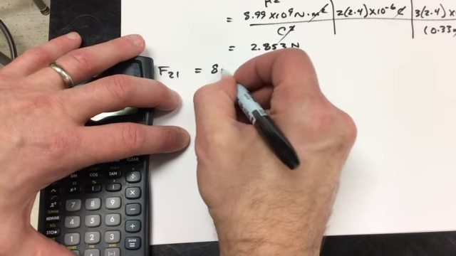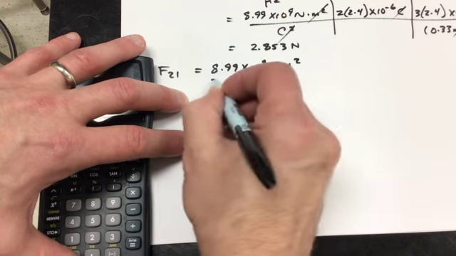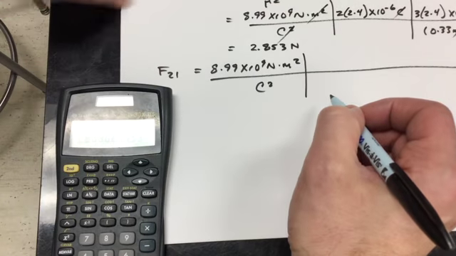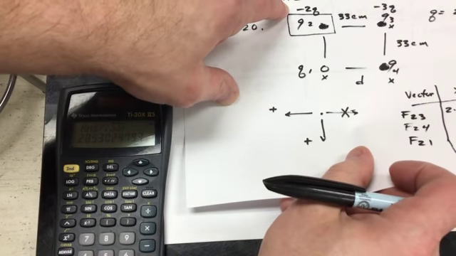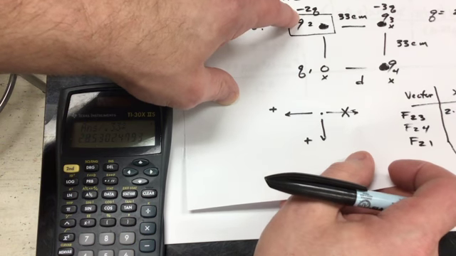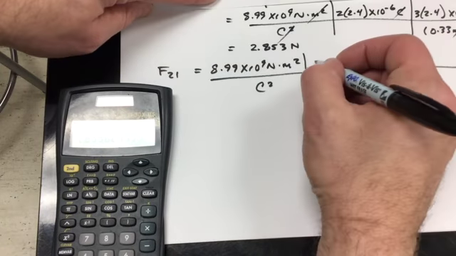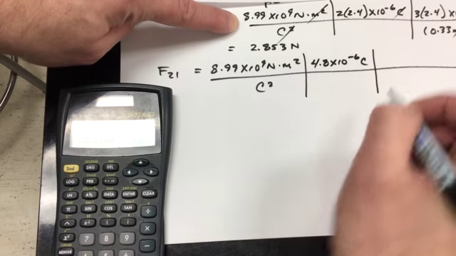That's going to be our K, 8.99 times 10 to the 9 Newton meter squared per Coulomb squared. Okay, now it's going to be Q2 again. So that's negative 2 Coulomb, negative 2 times the charge. So again, absolute value, 4.8 times 10 to the minus 6 coulombs.